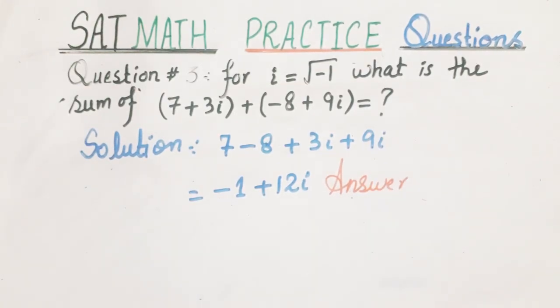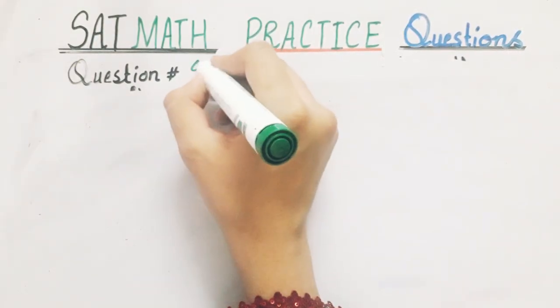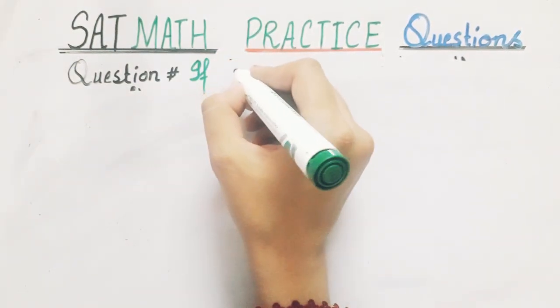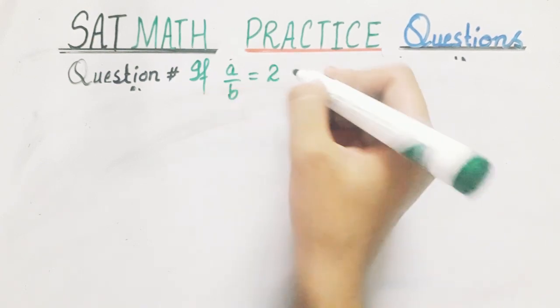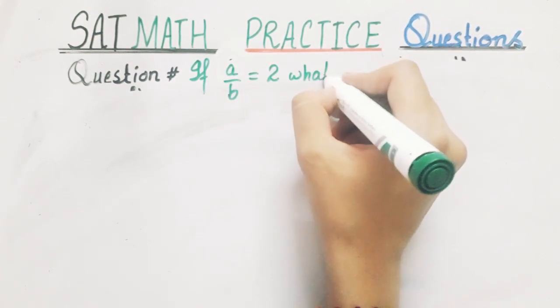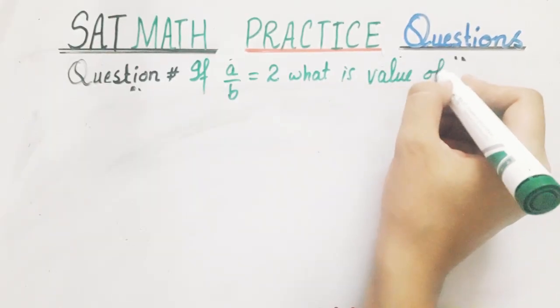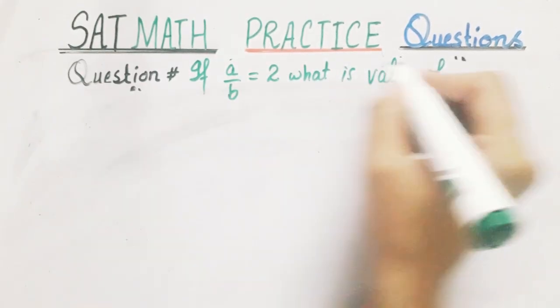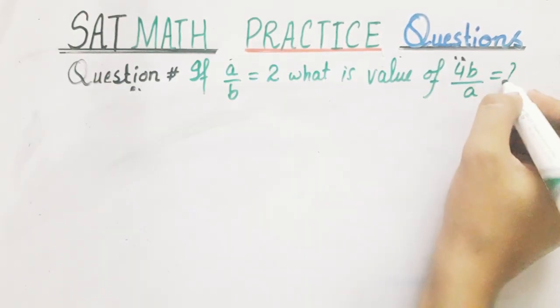Now we will solve question number 4. Now we have, if a by b equals 2, what is the value of 4b by a?